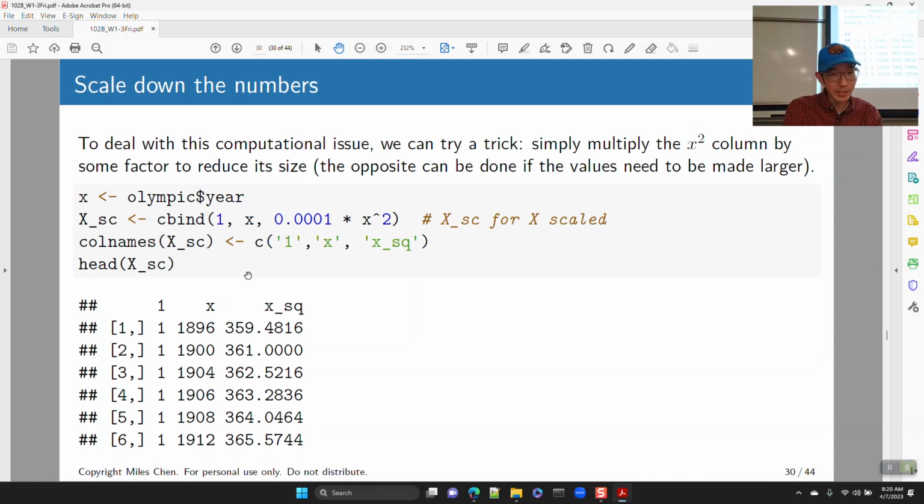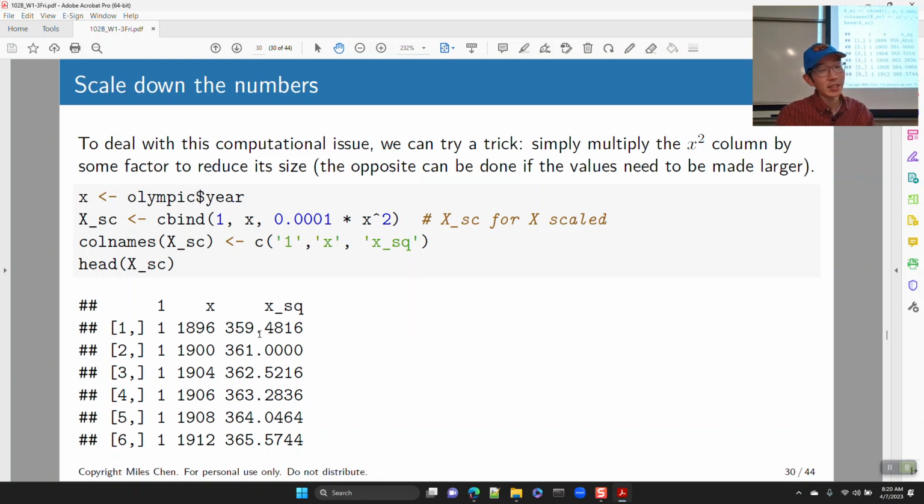So here, one way I'm going to circumvent this is, instead of dealing with 3.6 million, I'm going to multiply it by 1 over 10,000, 0.0001. This is basically the same matrix, I've just moved the decimal point over.